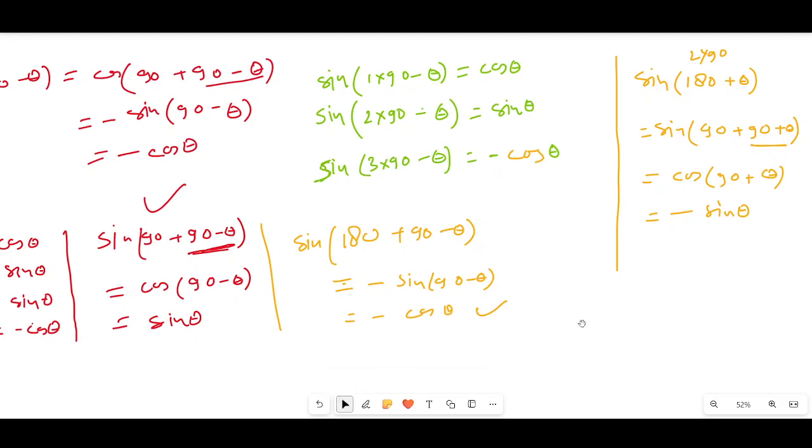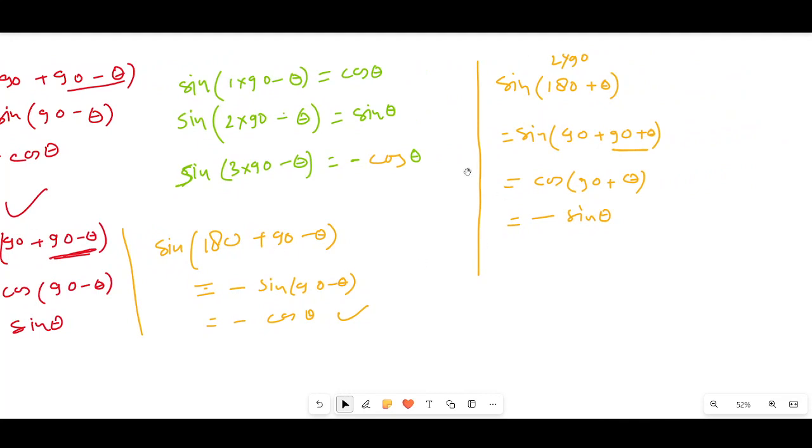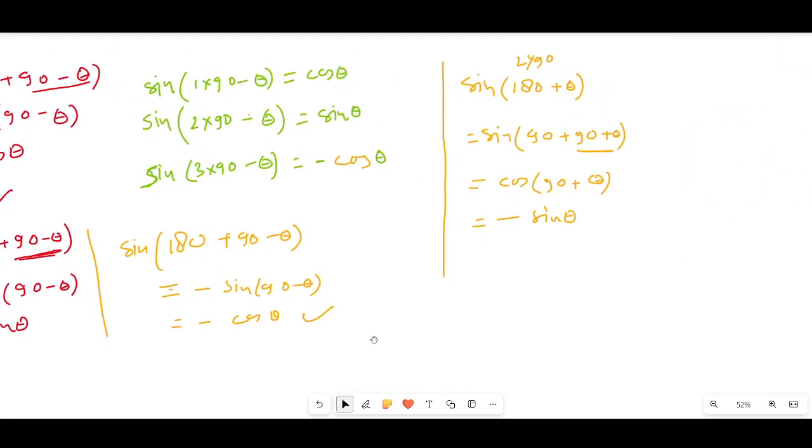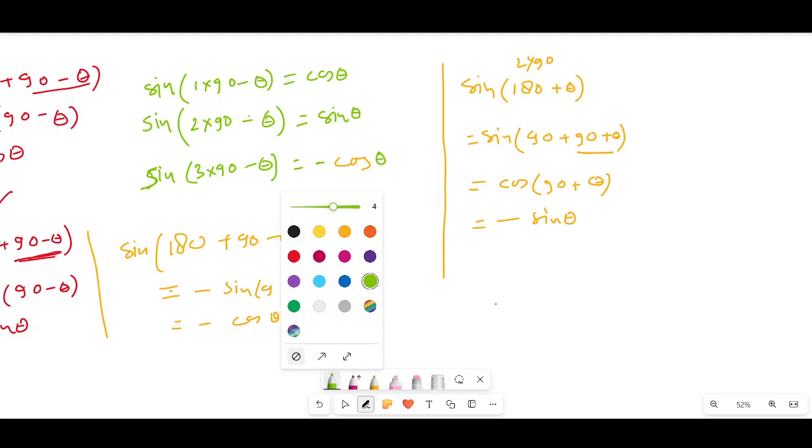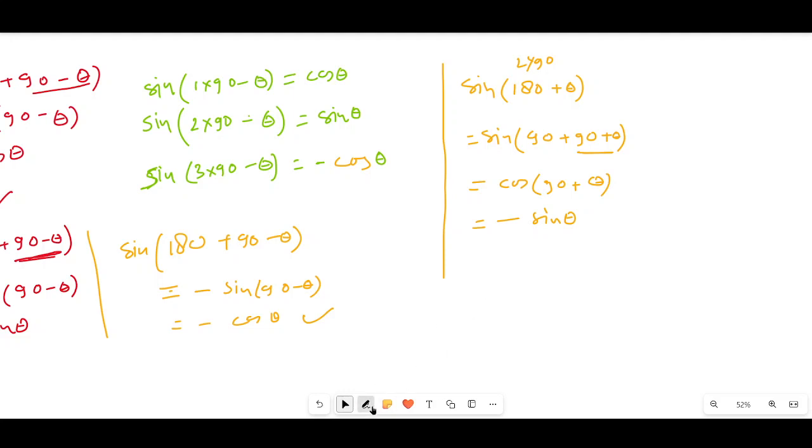Now we are able to find these angles with the help of some basic concepts. Suppose we want to write sine of odd number into 90 plus or minus theta.